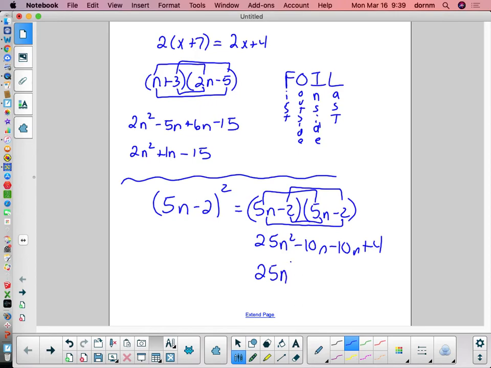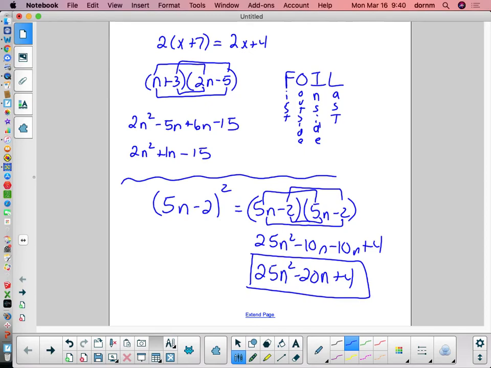And that simplifies to 25n squared minus 20n plus 4. So that's the way that works. A lot of the first half of the first day is just that multiplying, which is actually the simplest part.